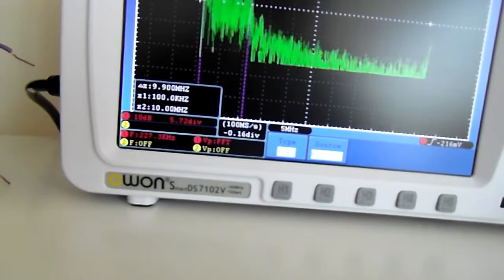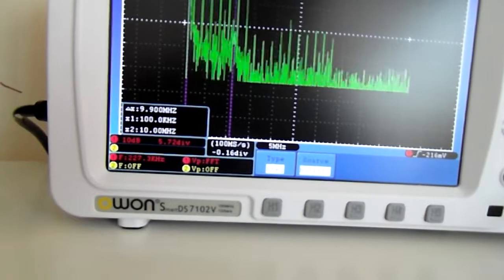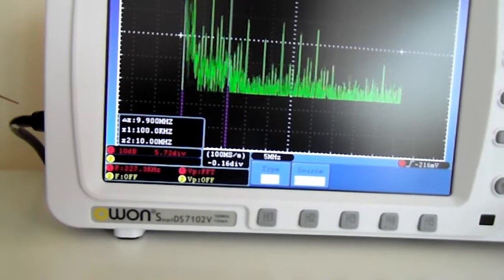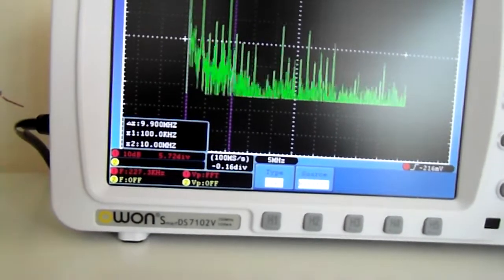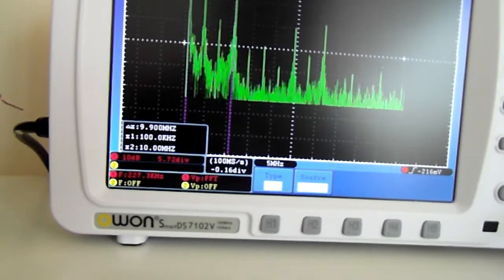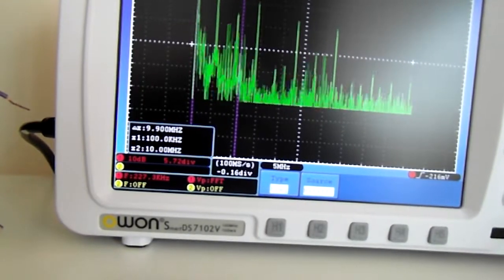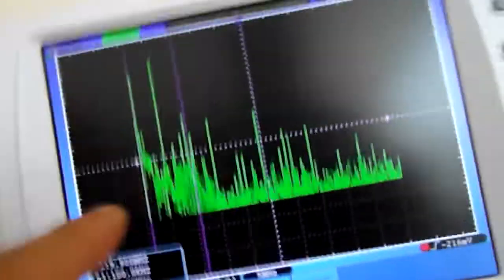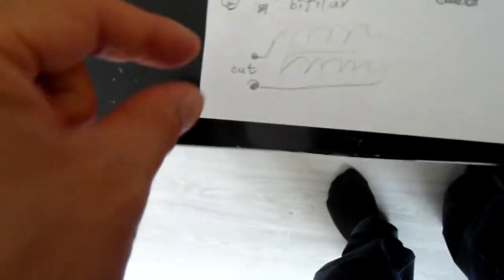Then I'm going up in frequency, now 600, nearly 1 mega, then 1.5, then 2.4, 3 megahertz, and then it's nearly close to the limit of this function generator.